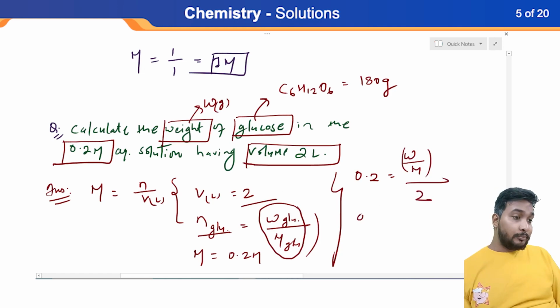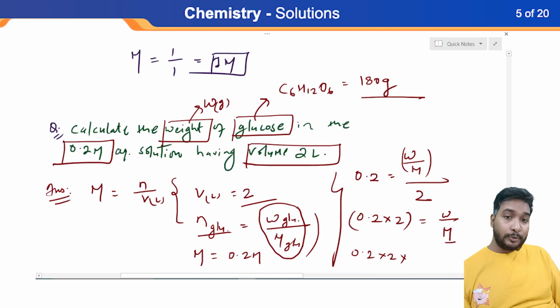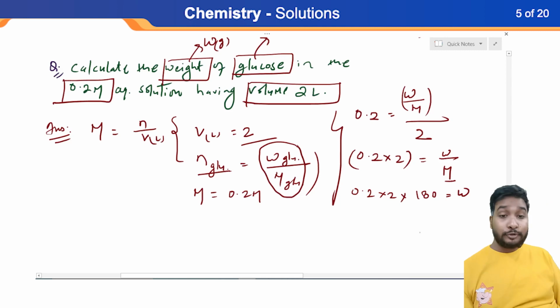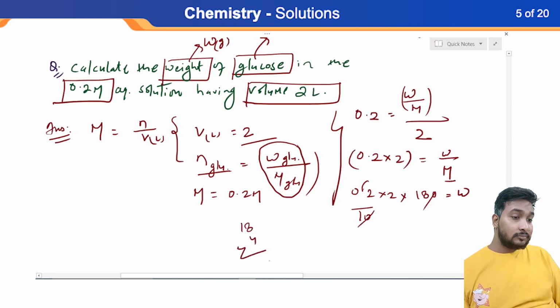Now, 0.2 into 2, this 2 is multiplied with 0.2, equals W by M. We know the molecular weight, that is 180. So 0.2 into 2 into 180 is equal to W. So what should be the answer? 18 fours are 72.